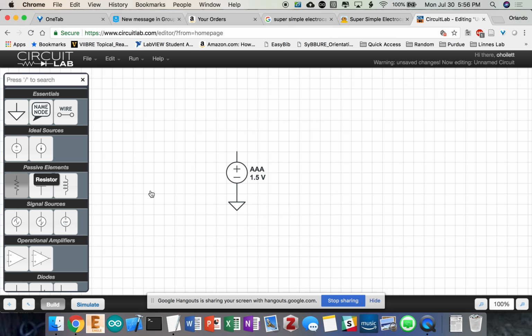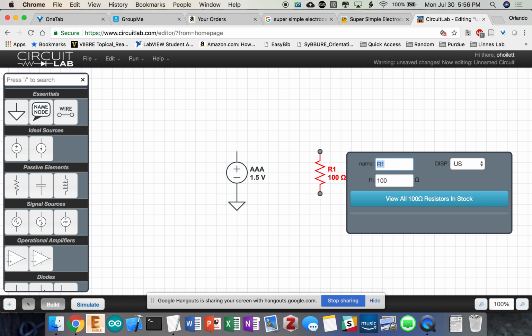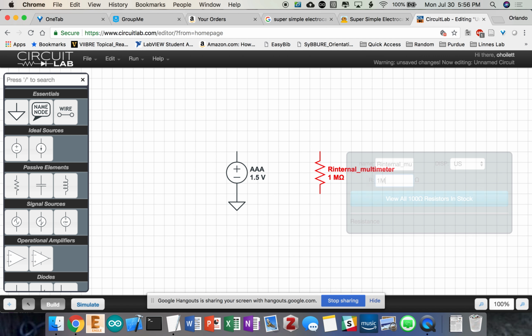Your multimeter, which I'm going to write symbolically, has a very high internal resistance. Depending on the multimeter, it can be 1 ohm, it can be 1 gigaohm, etc.